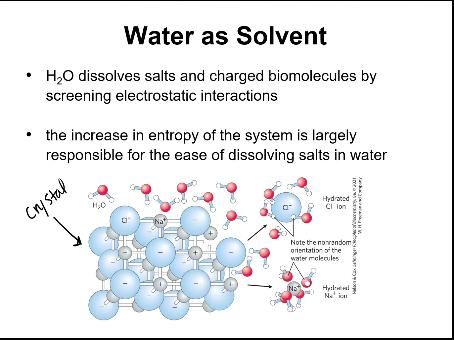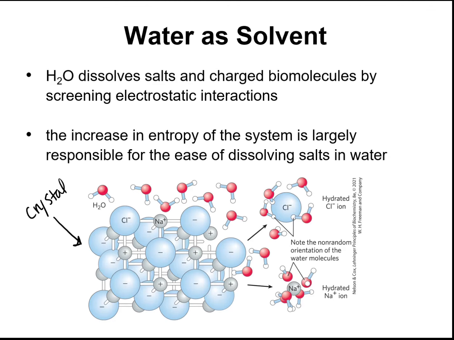Okay. And when it's added to the water, the water gives the chloride ions and the sodium ions something else to interact with. The water says, hey, chloride, I've got some positive charge that you can interact with. So I'm just going to orient my hydrogens towards you because I know you like positive things. And the opposite happens with the sodium.